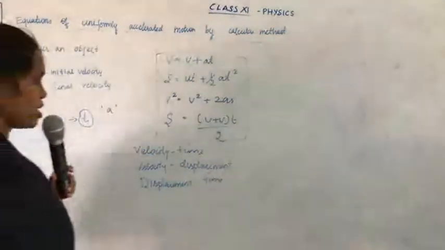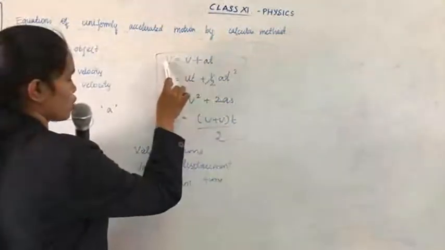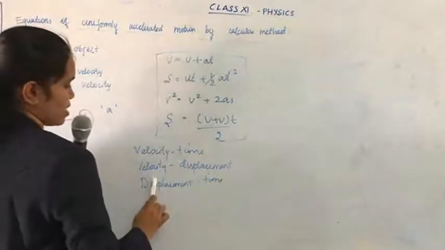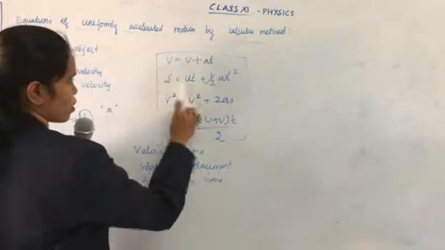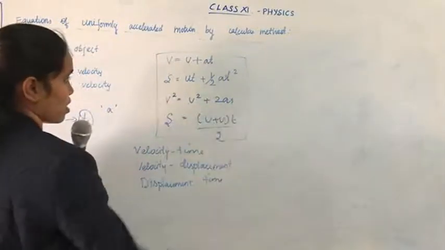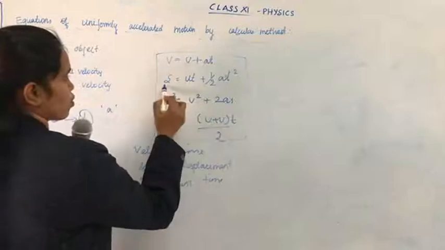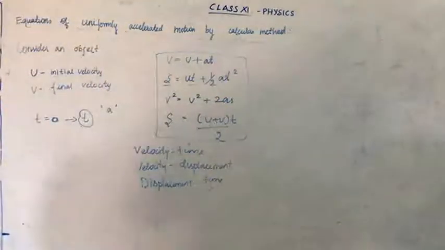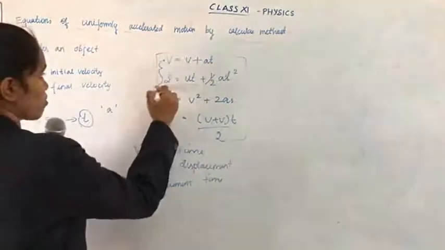There are three relations: the equation for the relation between velocity and time, the equation for velocity and displacement, and the equation for displacement and time. So there are three equations.